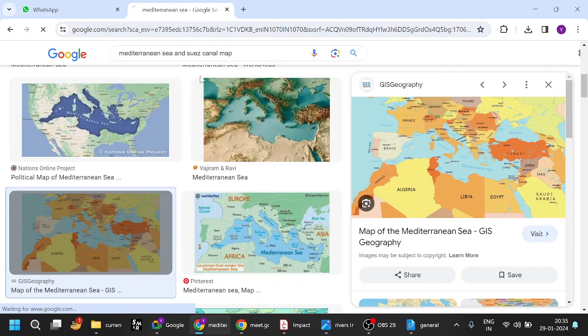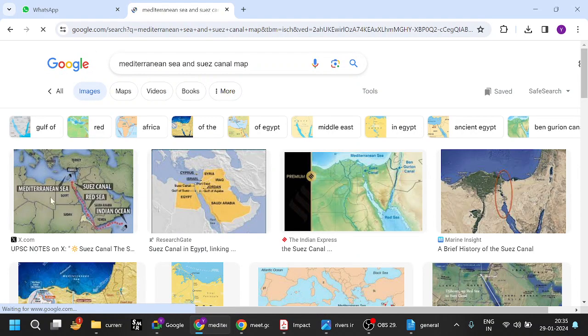Okay, Suez Canal. So see, this is Mediterranean Sea, and this is the Suez Canal. And the Suez Canal joins the Mediterranean Sea with the Red Sea. Very, very important. Open the Atlas map and study these things very carefully. These canals are very important. Suez Canal joins the Mediterranean Sea and the Red Sea.